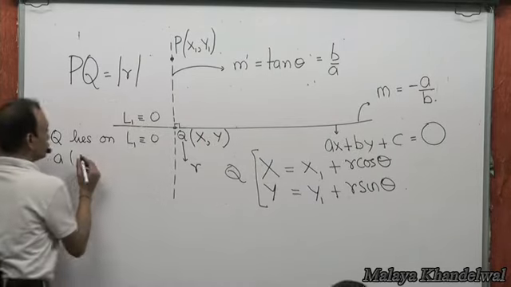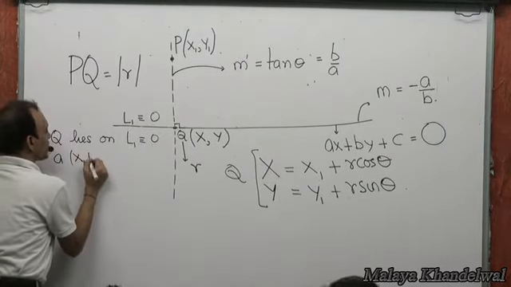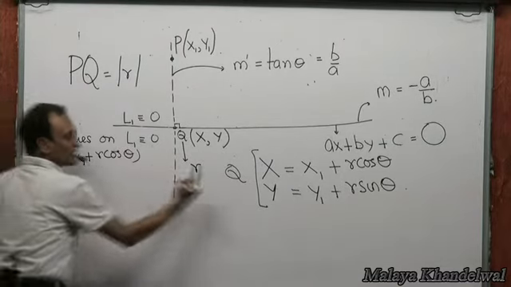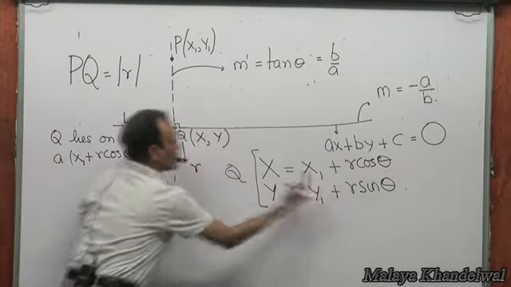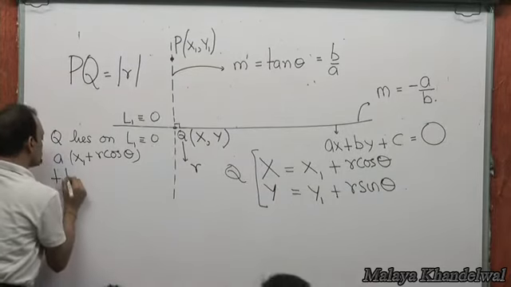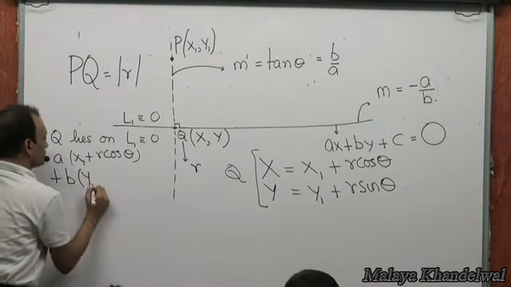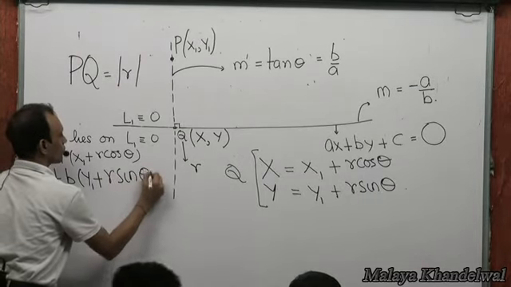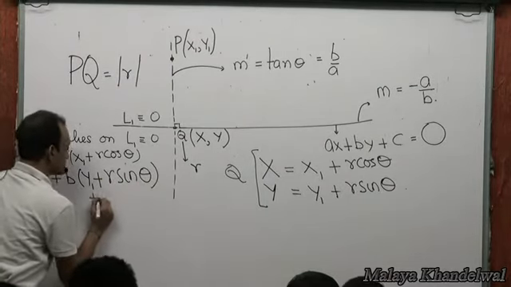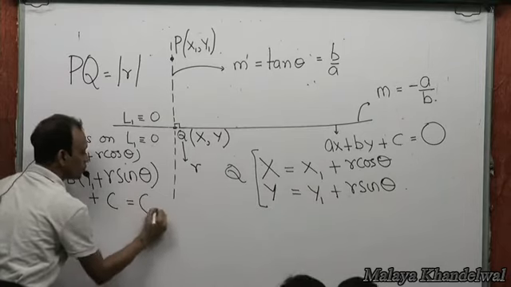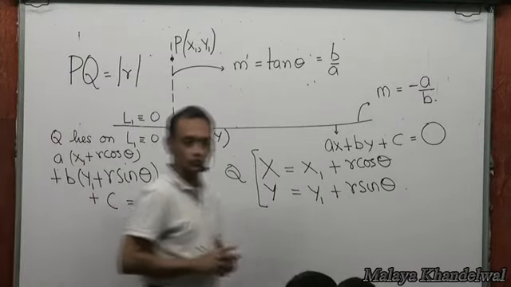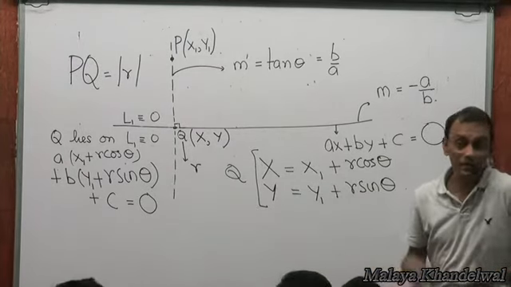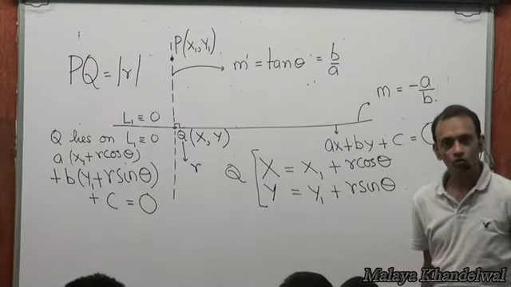The x coordinate of Q is x1 plus r cos theta. The y coordinate of Q is going to be y1 plus r sin theta, plus c equal to 0. Yes or no? This will give me the parameter r of Q.